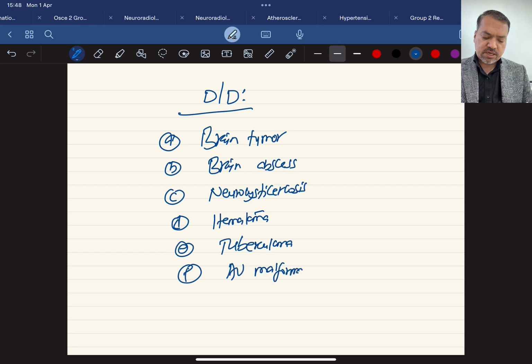So any mass lesion inside the brain may result in this ring enhancing lesion. This is an important point.